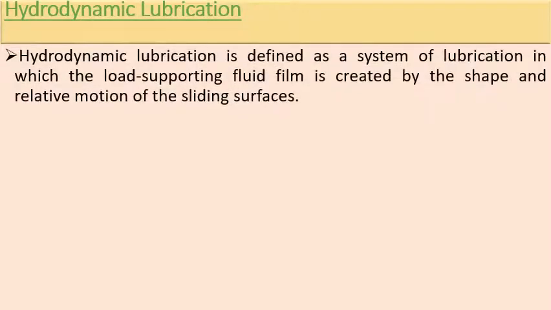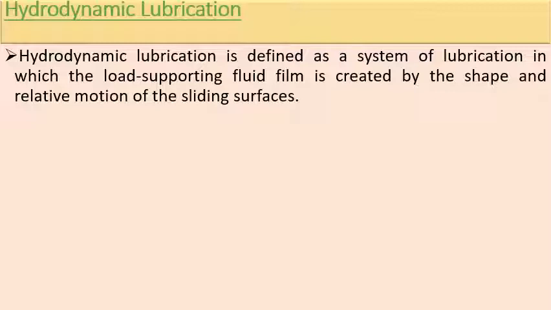So hydrodynamic lubrication is one type of lubrication which works under the hydrodynamic principle. It is defined as a system of lubrication in which the load supporting fluid film is created by the shape and relative motion of the sliding surfaces.